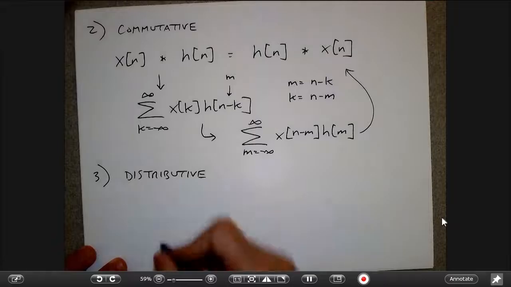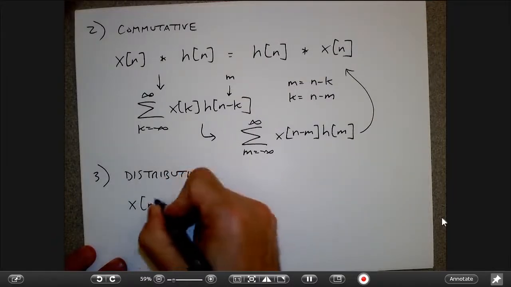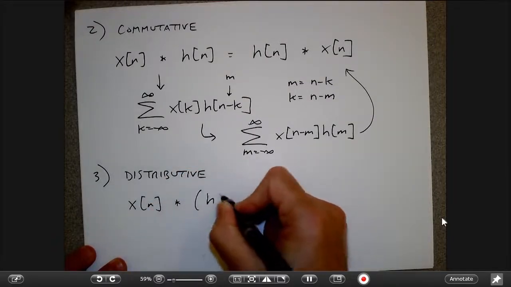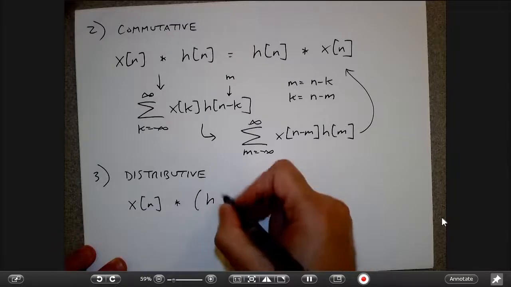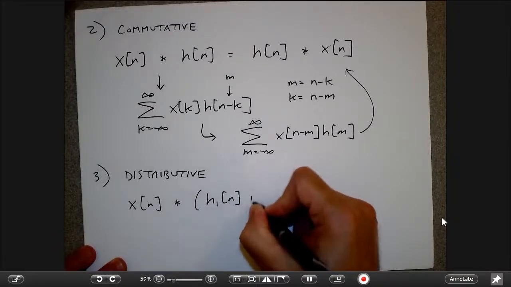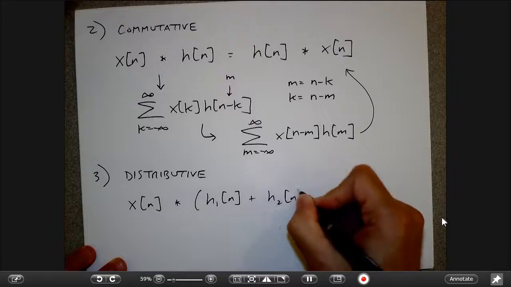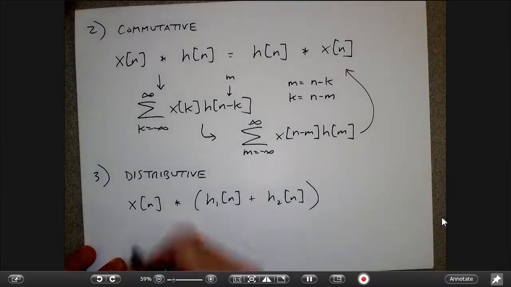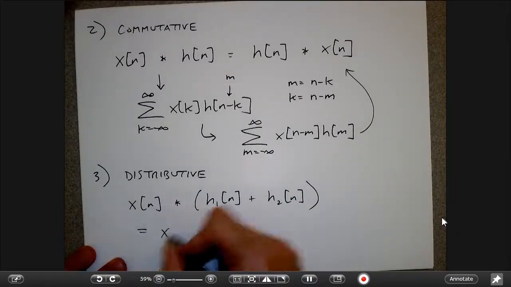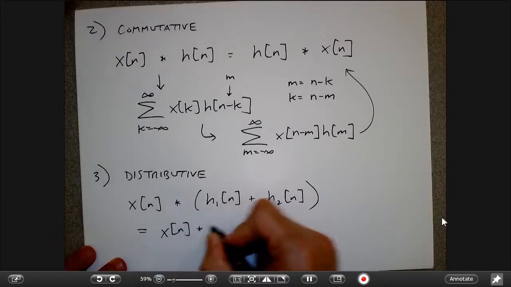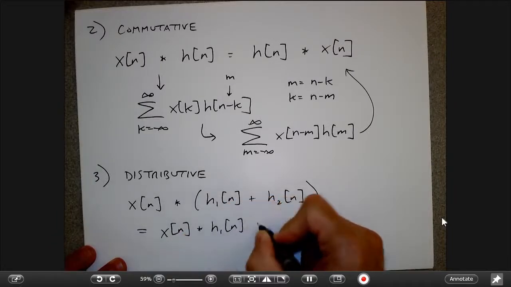That basically says that if I have a kind of a chained convolution, or I'm sorry, maybe better to say it like this. Suppose I have to go through two systems in parallel. That this is the same as this.